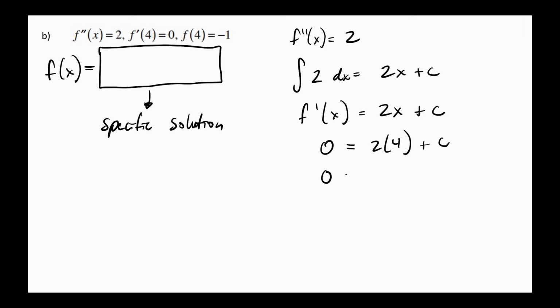So 0 equals 8 plus c. Subtract 8 from both sides. That means c has to be negative 8. Okay, that's my derivative. That's my specific derivative. Now I got to do that one more time to get to f of x.